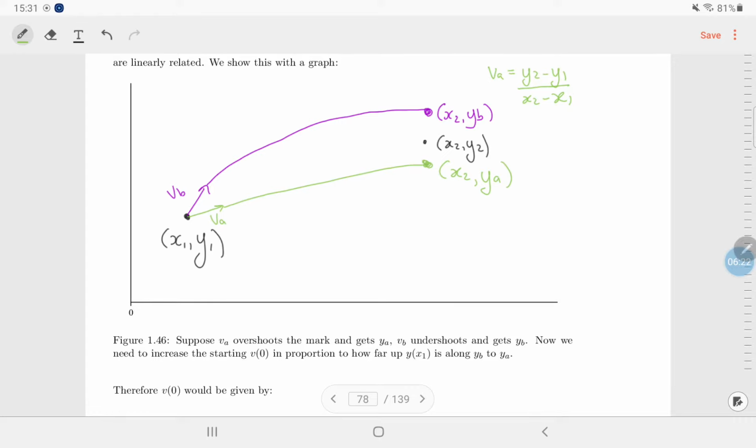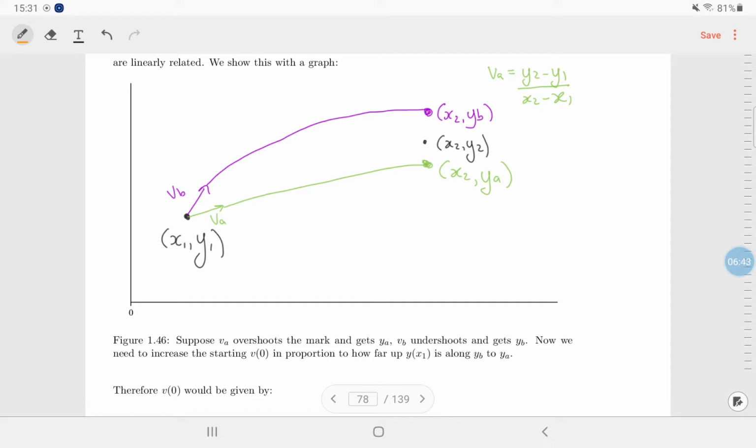So it turns out that there's a relationship between all these. Imagine, for example, the point we're trying to get is exactly in the middle. Then if we take the average of these two slopes, it'll hit it exactly. Now it takes a bit of mathematical work to show that, but you can exploit the linearity of the differential equation to show this.